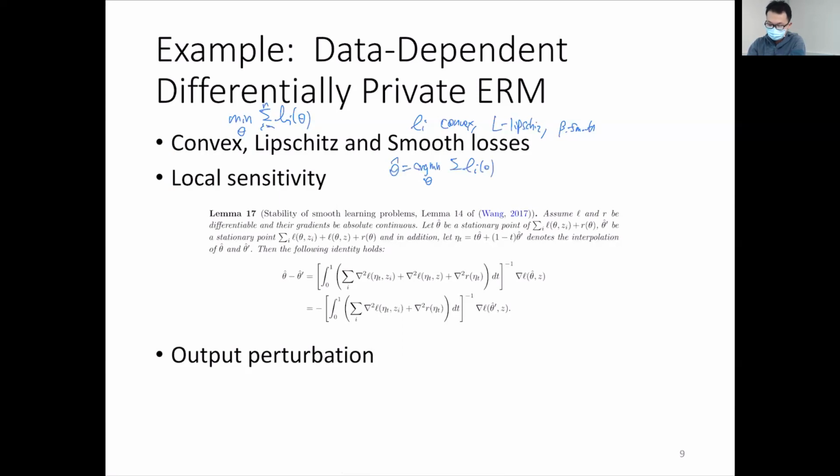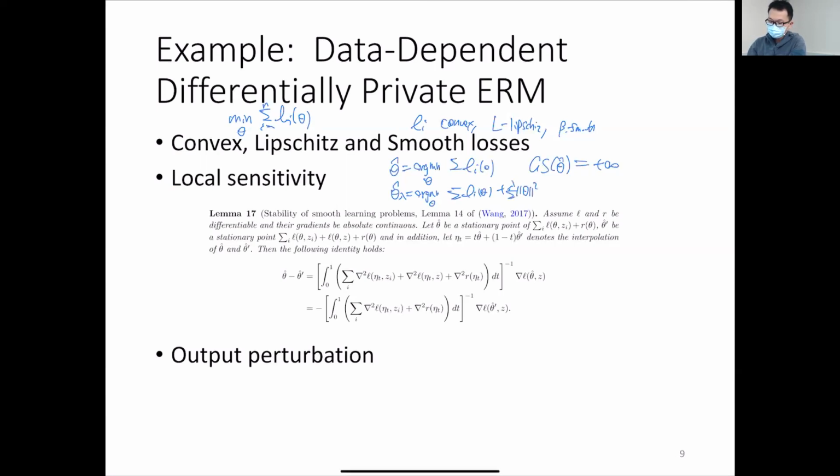So the global sensitivity of this theta hat is infinity in general, and in the last part of the lecture, we talked about how we can add additional regularization, right? How we can add additional regularization here so that instead of minimizing this, we minimize the regularized objective function.